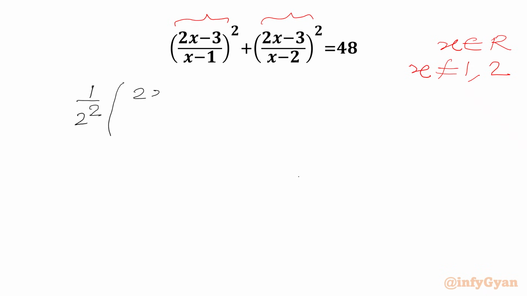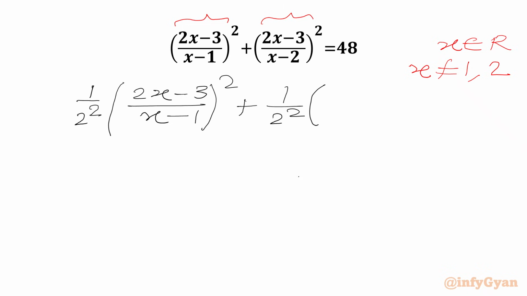Then we will write (2x - 3)/(x - 1) whole square plus 1/4, which is 1/2 square once again, (2x - 3)/(x - 2) whole square equal to 48/4.